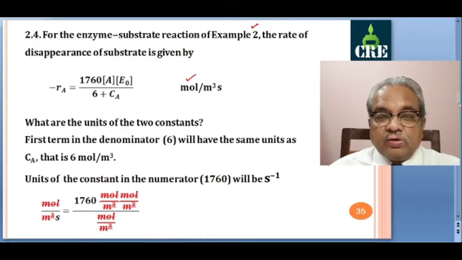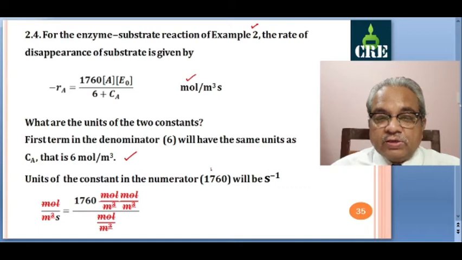First, the term in the denominator, this is 6. These terms you are adding, so this must have the same units as that of concentration. Here the rate is in moles per meter cube per second, so concentration will be in moles per meter cube. So 6 has units of moles per meter cube.